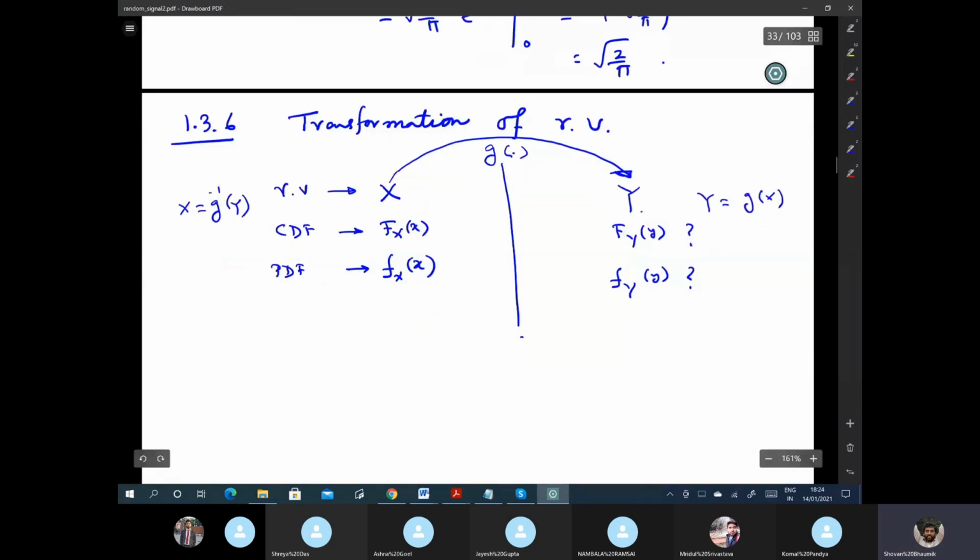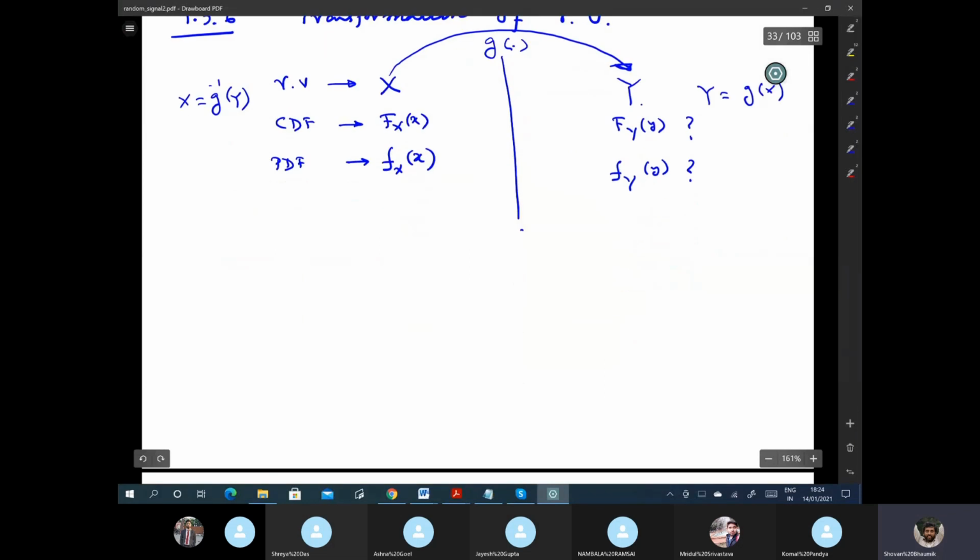This is very important and very frequently comes up in engineering applications. Suppose we have a system with a system transfer function. That means if something comes in, we get something out. So a system is basically a kind of transformation where the input goes in and there is a function to get the output.